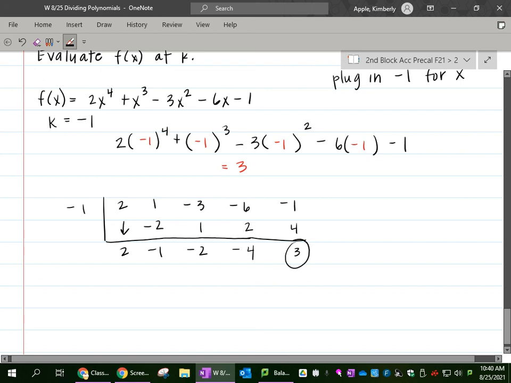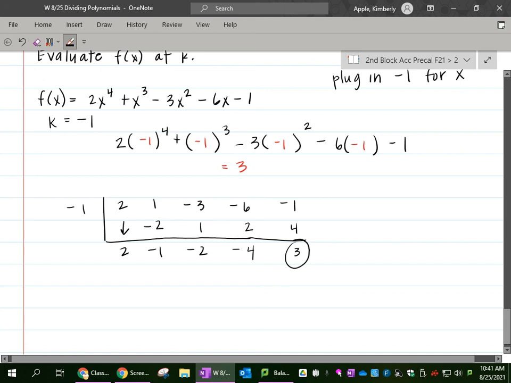If I just do the synthetic division, we can evaluate functions using the synthetic division method. The remainder is the value of the function at -1. I think that's pretty awesome. So anyway, what you do is, instead of changing the sign and I give you the number to plug in, you can plug it in if you want.